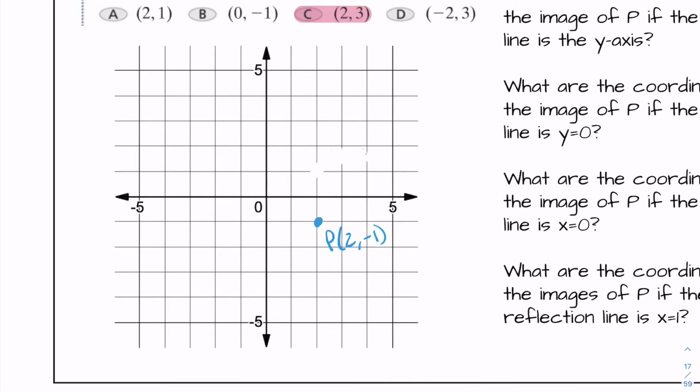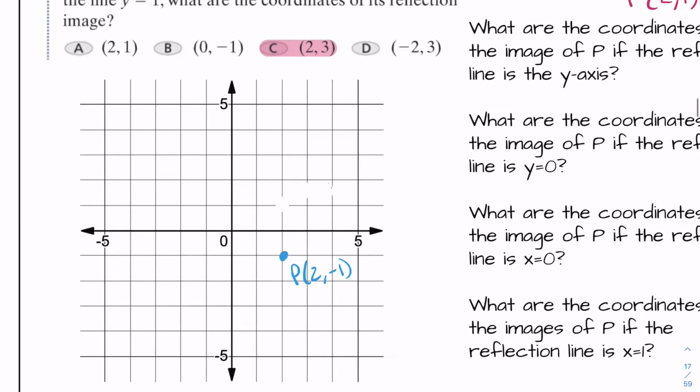Okay, so now we're going to reflect across the y-axis. So here we have the y-axis, and let's reflect it across. So 1, 2, 1, 2. That's where it ends up. And that location is 2, comma, -1.